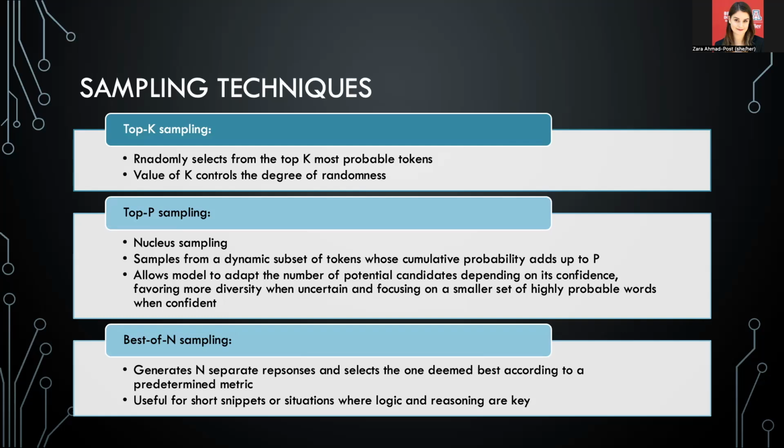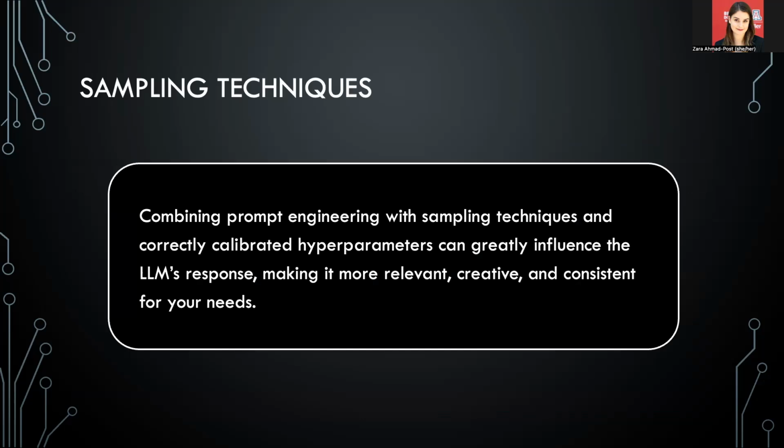Anyway, that's going to be really helpful for short snippets or situations where logic and reasoning are pretty straightforward. But basically, if you combine your prompt engineering, your sampling techniques, and your correctly calibrated hyperparameters, you can really greatly influence the LLM's response. And you can make it more relevant, more creative, and more consistent for your needs, right?